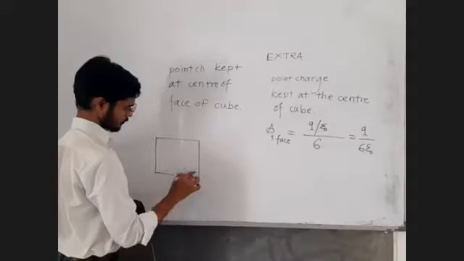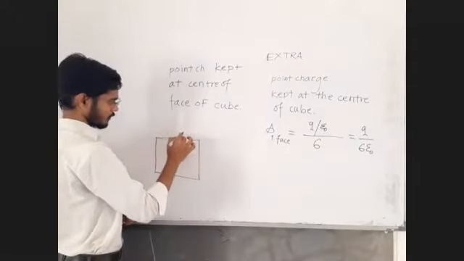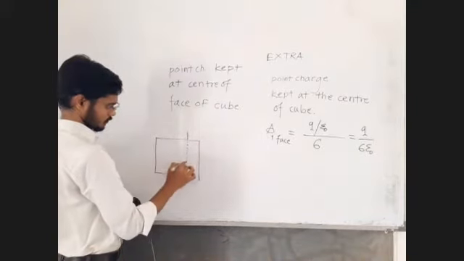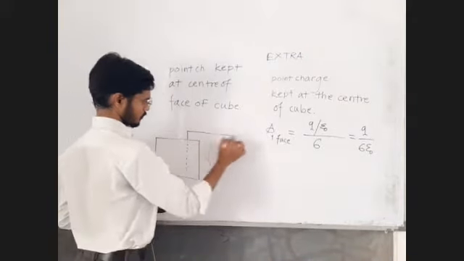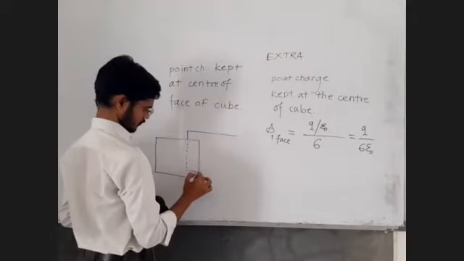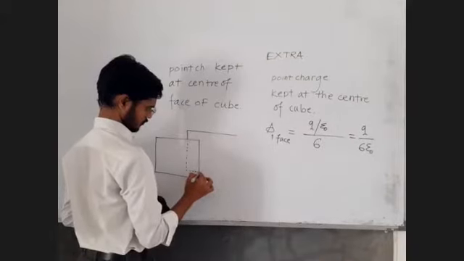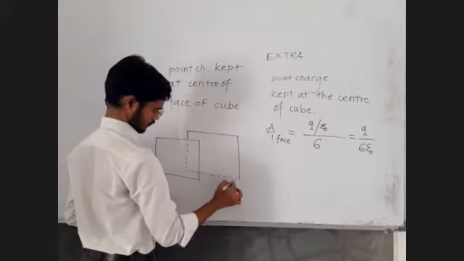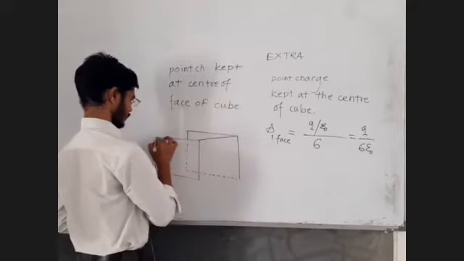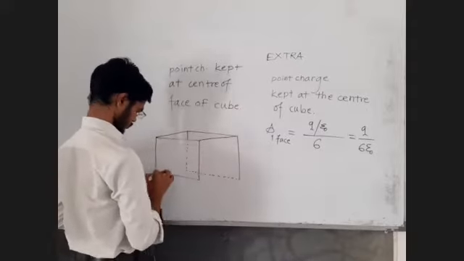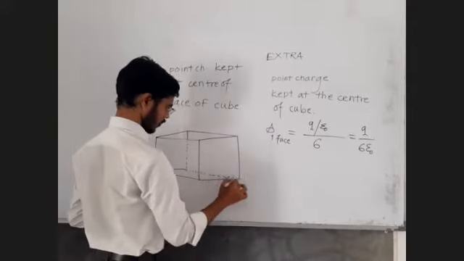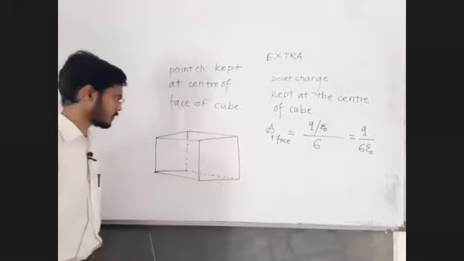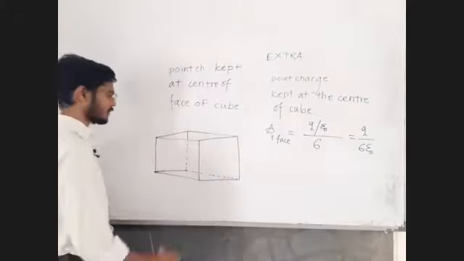Try to observe. I am drawing a cube. Fine, so I have drawn a cube. Dotted lines mean the lines which are not directly visible.